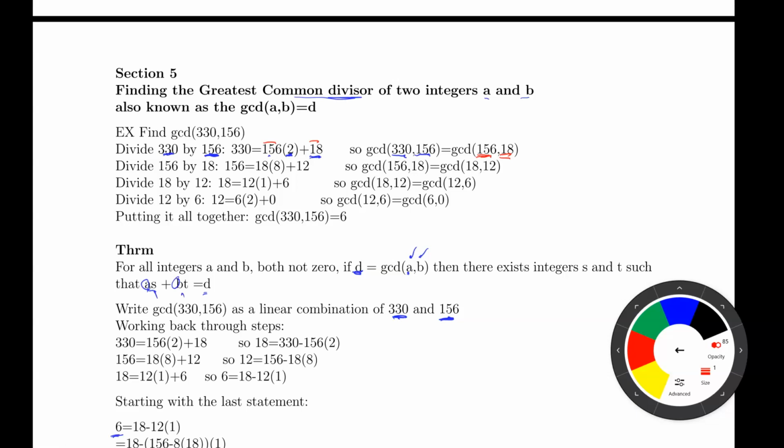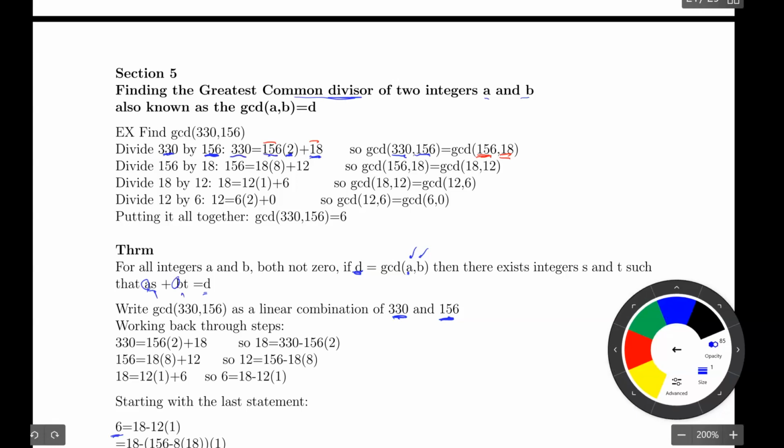If I move this over to the other side, the greatest common divisor of these two numbers has to be the same as the greatest common divisor of these two numbers.